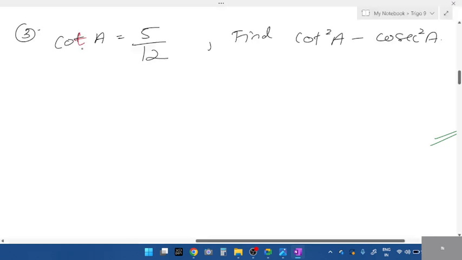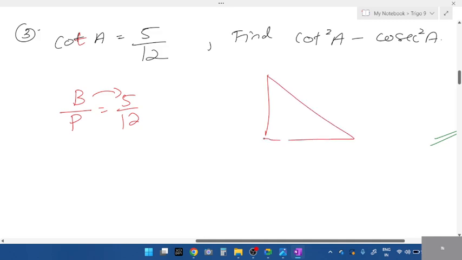Okay, how will you solve this? What is the cot formula? Perpendicular by base or base by perpendicular? In place of cot A, write base by perpendicular. Don't do it in any other method. Whatever it is, do it in the same way. Which means base is how much? 5. Draw the diagram, diagram ABC.